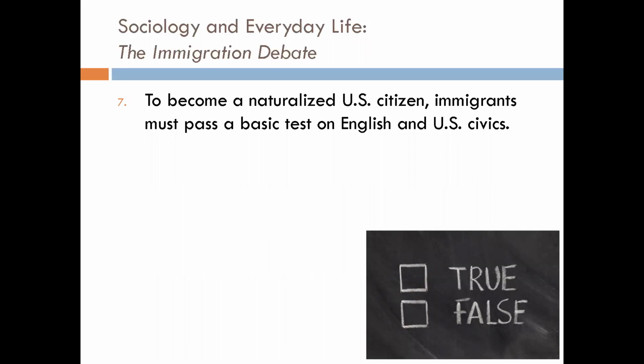And seventh, to become a naturalized US citizen, an immigrant must pass a basic test on English and US civics. You want to be a citizen of America. What is the legal, formal and popular language here? At first, the language is English. And to be a citizen, you should know the law of citizenship in America.